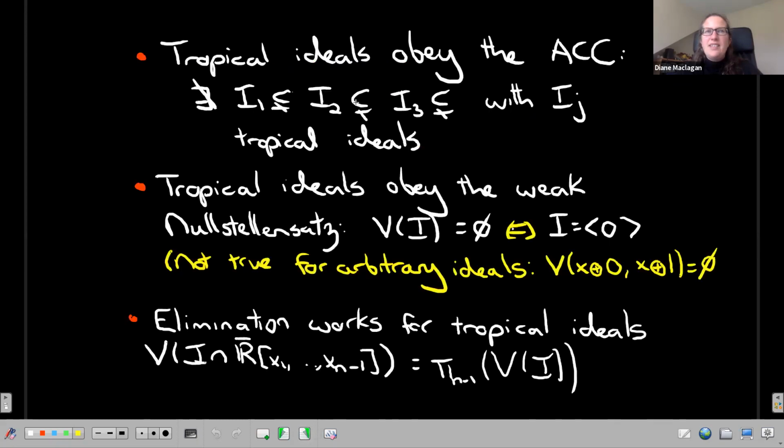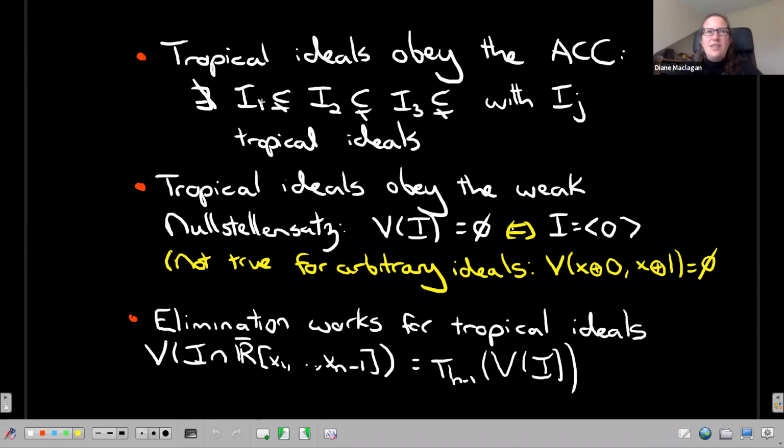This is the technical part, so I won't go through all pieces of it, having given you the cartoon version. But the other one is, I said tropical ideals are not Noetherian. The semi-ring of tropical polynomials is not Noetherian, but it turns out tropical ideals do obey the ascending chain condition, which, you might remember, is one part of the definition of Noetherian.